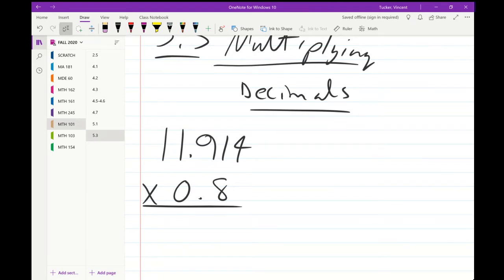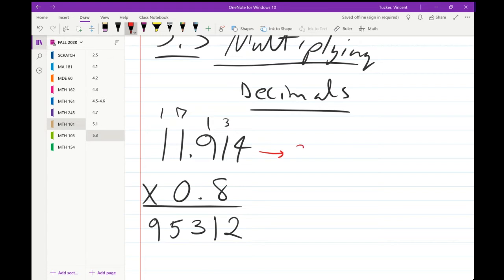So we have 11.914 times 0.8. 8 times 4 is 32, carry a 3. 8 times 1 is 8, plus 3 is 11, carry a 1. 8 times 9 is 72, plus 1 is 73, carry a 7. 8 times 1 is 8, plus 7 is 15, carry a 1. 8 times 1 is 8, plus 1 is 9. So that's the first step: you multiply with the numbers as if there were no decimals there.